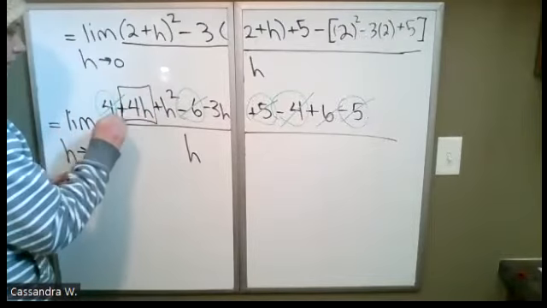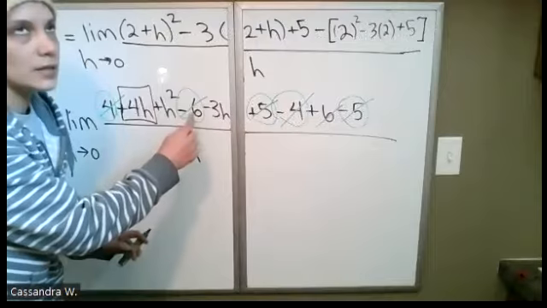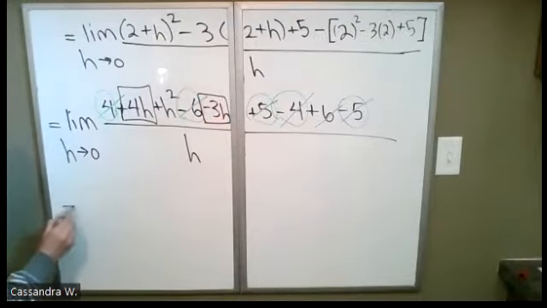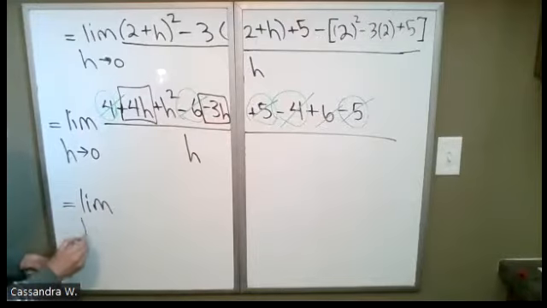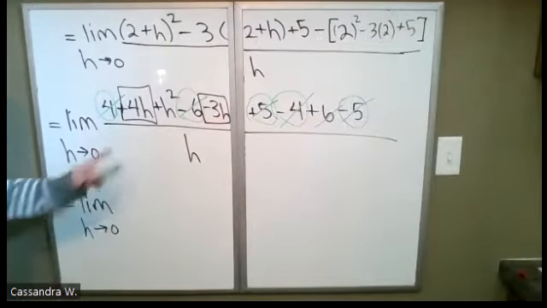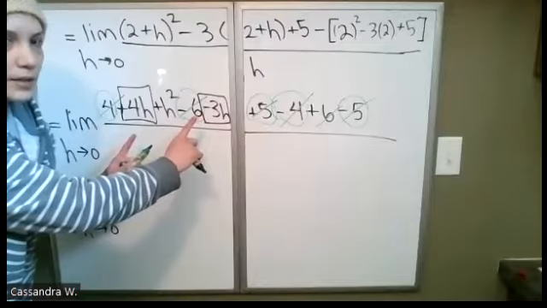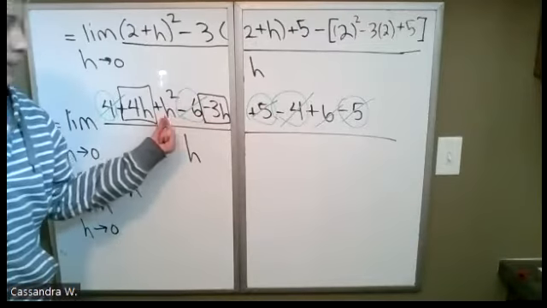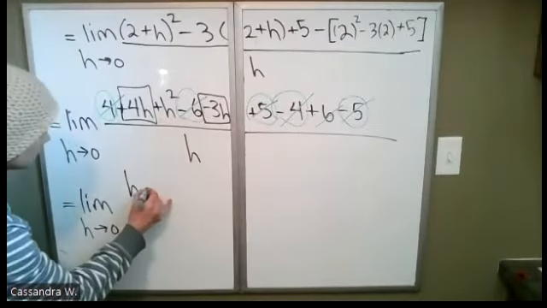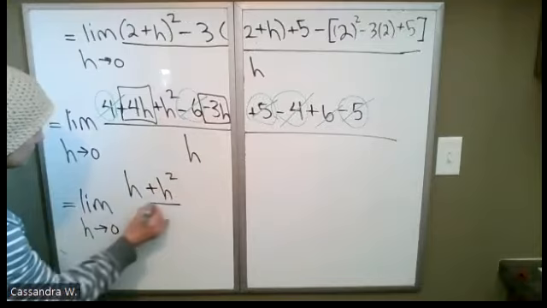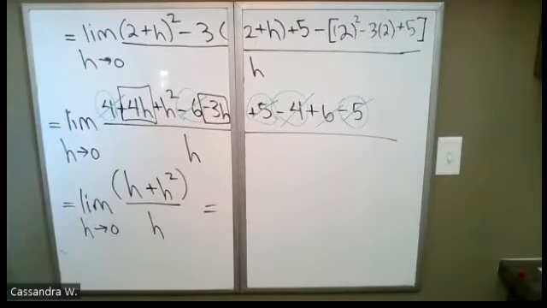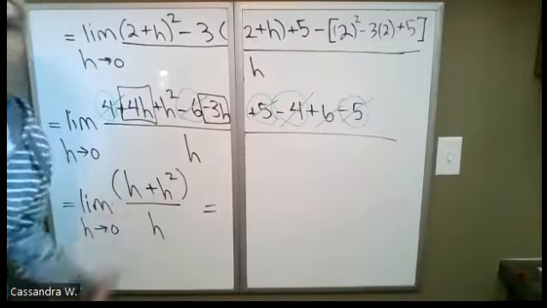So there's 4h here, and then subtract 3h over there, to get positive h. And then plus h squared. Okay, we'll go ahead and factor out an h.